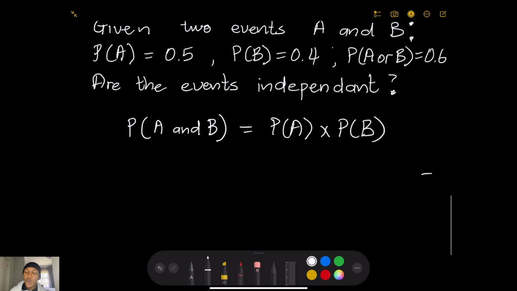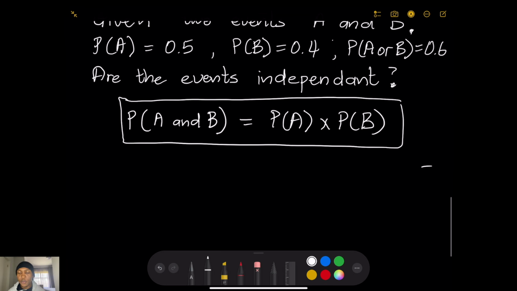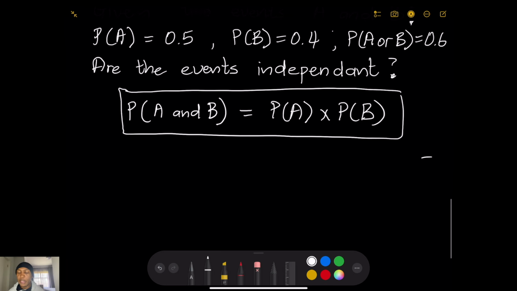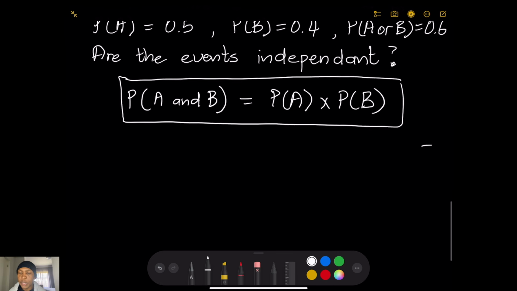So in this case, we want to prove if this is true, that the probability of A and B would be equal to the probability of A multiplied by the probability of B.